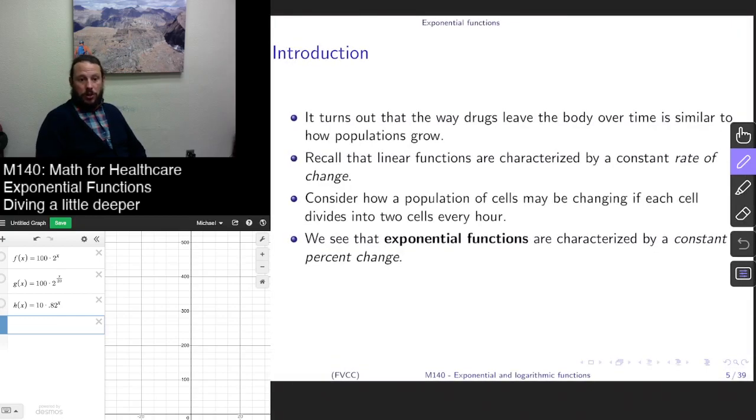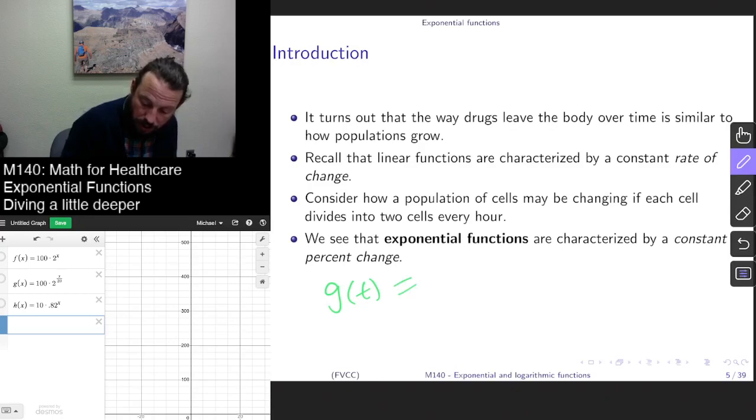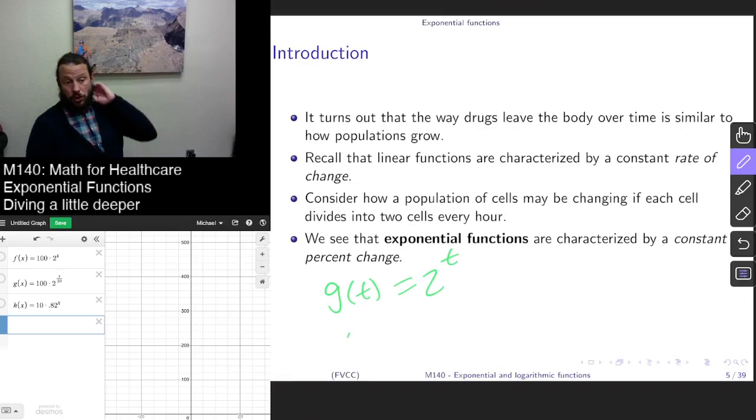We also saw last time what is essential about exponential functions: they're characterized by a constant percent change, as we saw with Carl and Alice, as well as with these cells here. When t changes from 0 to 1, g changes from 1 to 2, so an increase of 1.